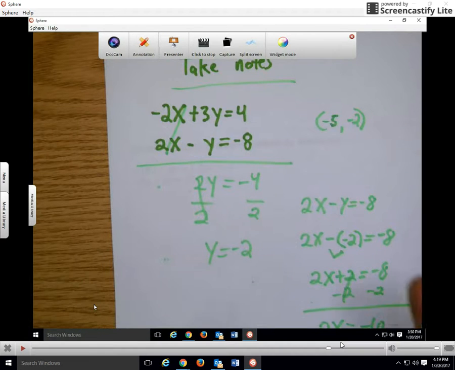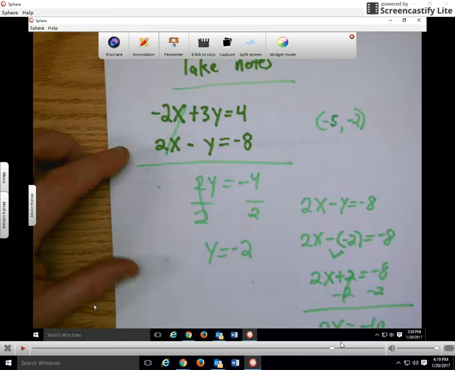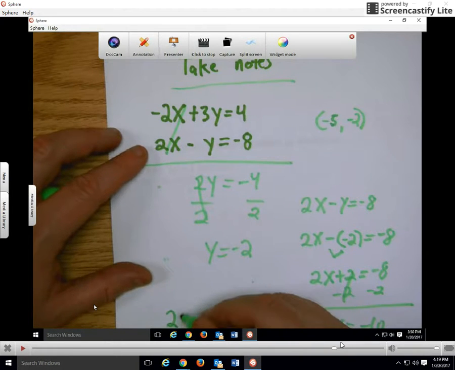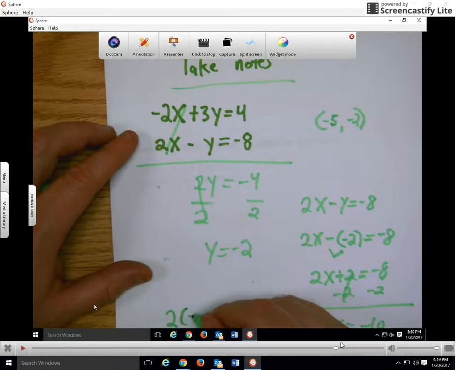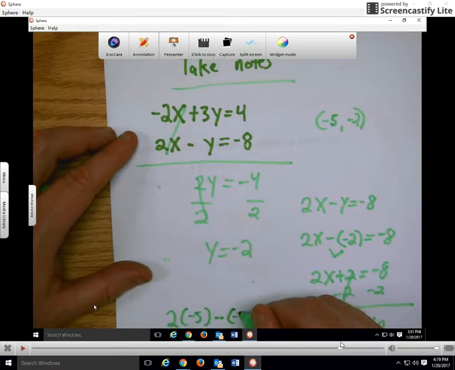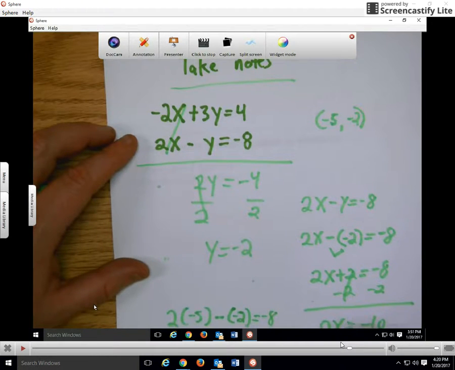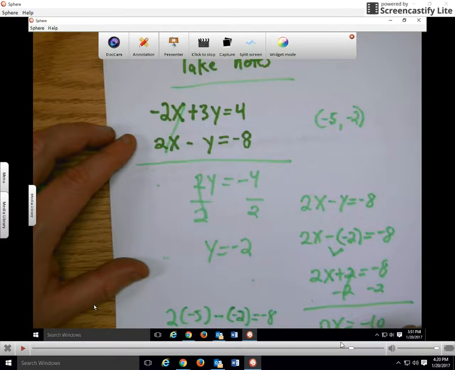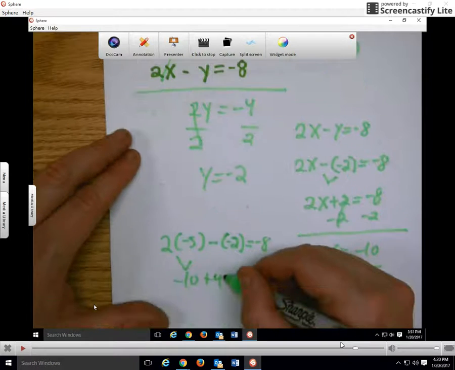And so you can always check your work by substituting them back in and seeing that they're right. So let's do that really quick. I'm going to just choose the bottom one because you can choose either one. Whoops, I'm working it out here and you can't see it.